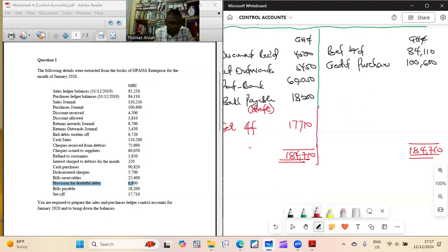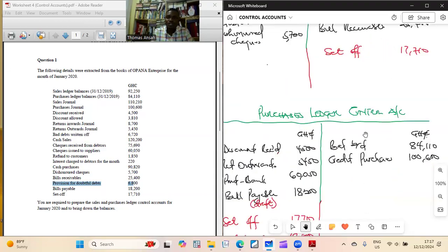So I have 4,500 plus 5,450 plus 60,050 plus 18,200 plus 17,710. If I add it up, it's 105,910. If I deduct it from 184,710, I have 78,800. That's the top up. Should be my balance carried down here, and my balance brought down 78,800.